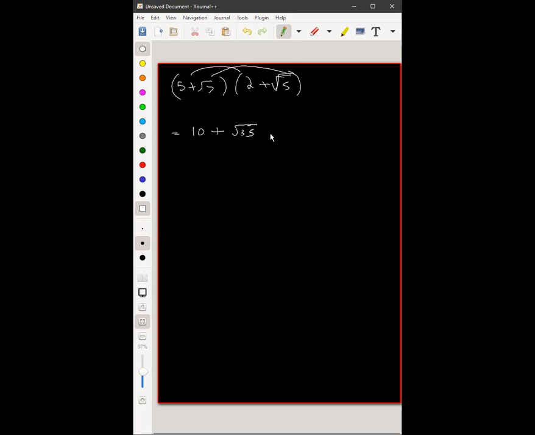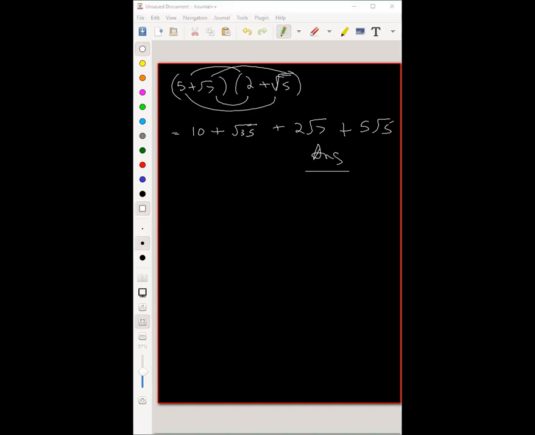Root 35 combine the inners, plus 2 root 7 combine the outers, plus 5 root 5. Right? Anything we can combine in this? No, right? All are different. We cannot combine anything, so that's the final answer. Right? So these operations come from the same thing that we had done earlier. Okay.